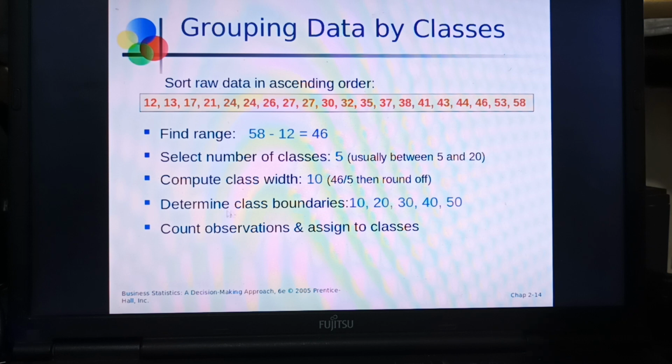Then determine class boundaries. The easiest would be by 10, 20, 30, 40, 50. But you could also do it other ways by 5, 10, 15, 20, 25. Depending on, again, the amount of data. Then count observations and assign to classes.